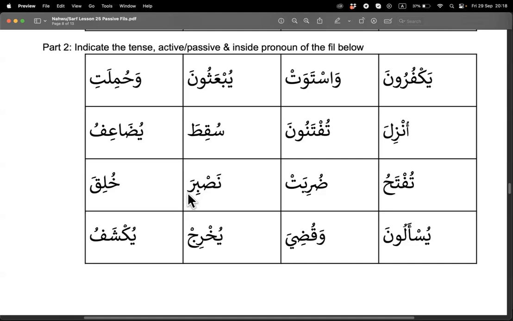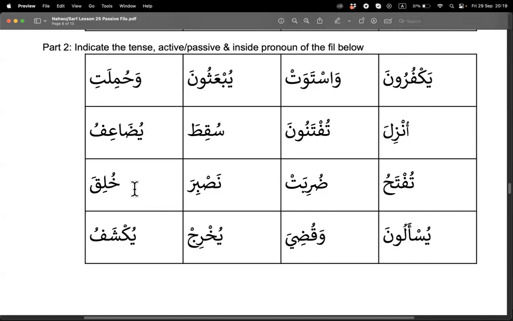Maybe there is a mahzuf amil that makes it mansub, and we don't know what makes it mansub. Yes, very good. And if it was majhul, what would it have been? Nusbaro. Yes, u-a. Correct.